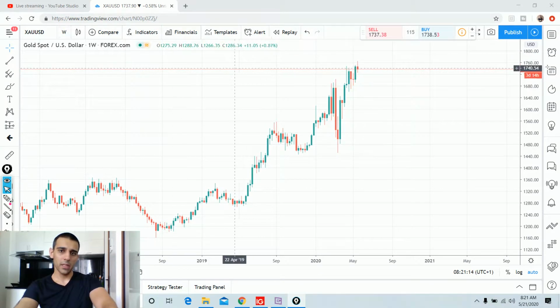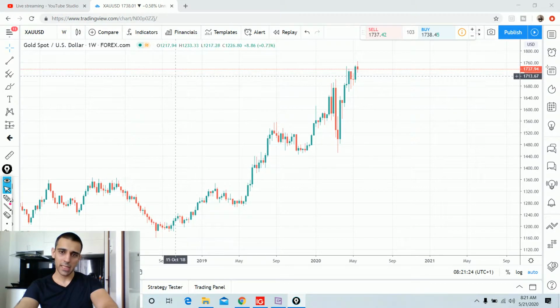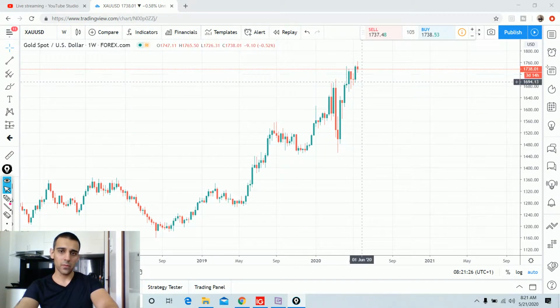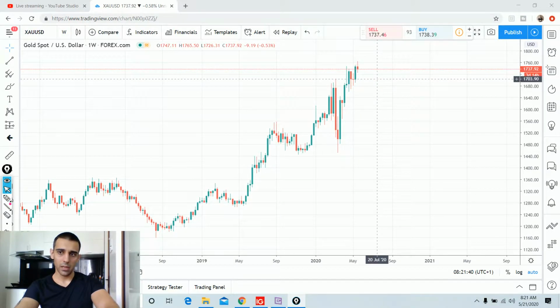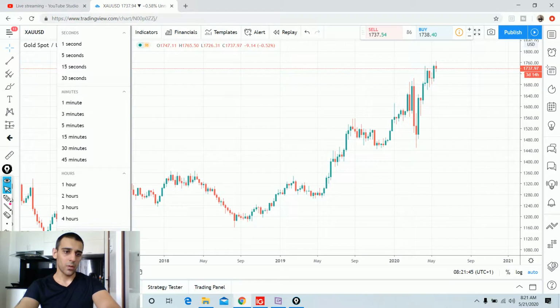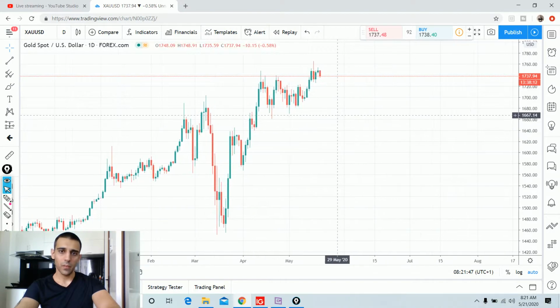But depending on your stop loss, if you have a very tight stop loss and your risk reward is allowing you to take your profits at 1733, then you can do that. If not, then wait for the targets down to this level at 1700. Personally I see that the price can make its way down to about that level, 1702, 1700, so roughly about that level.